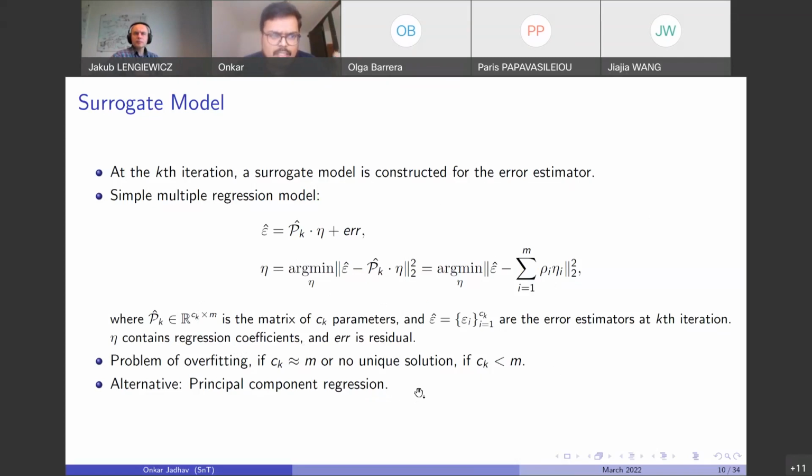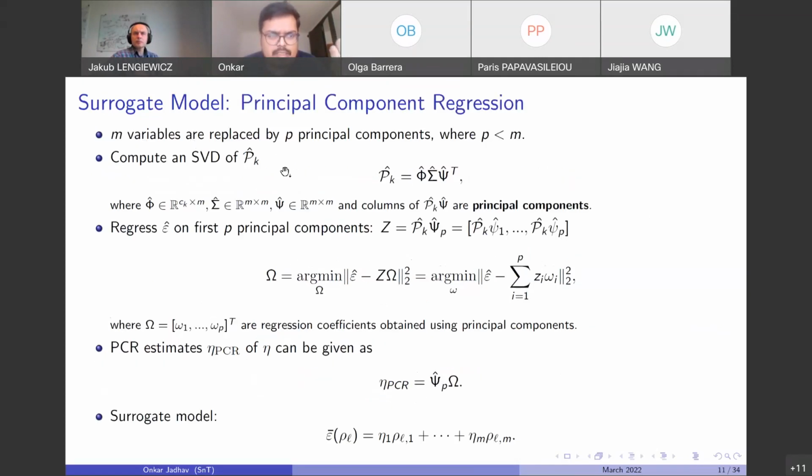This is again a projection-based technique which replaces the M variables with p principal components. For that, we compute a singular value decomposition of our data matrix P_cap_k, as shown over here, where the columns of the matrix P_cap_k Psi_cap are the principal components. Now we regress our error estimator values on the first p principal components to obtain the regression coefficients omega.